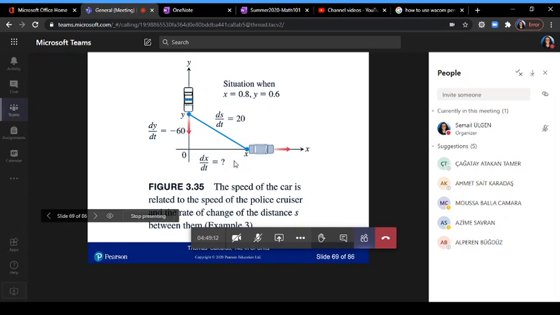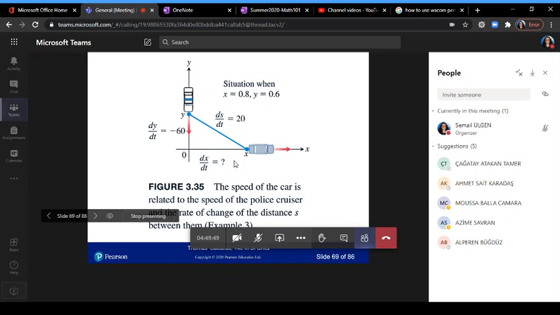The car is probably going away from the police car, and we have this right triangle situation here, and the police car is going downwards towards the south. So dy/dt is negative 60 meters per second, the speed, and dx/dt is going towards the east, so it's a positive velocity. They're asking about dx/dt.